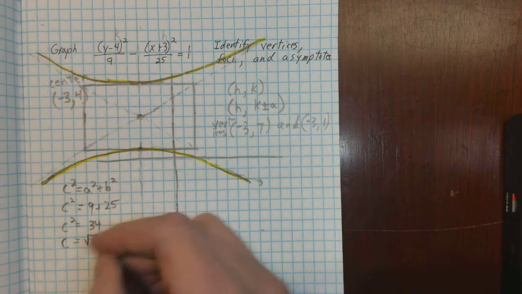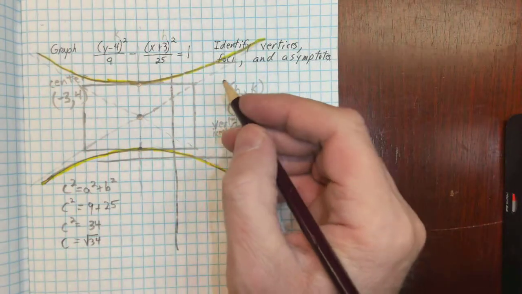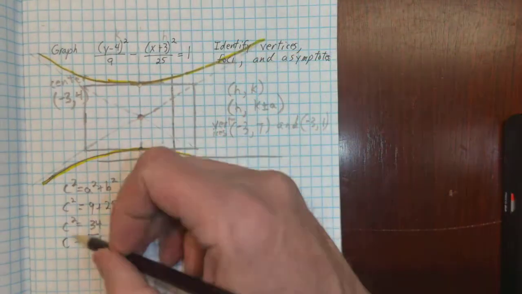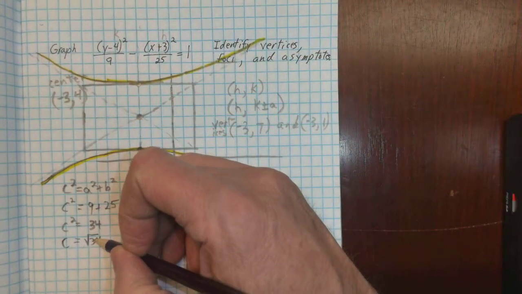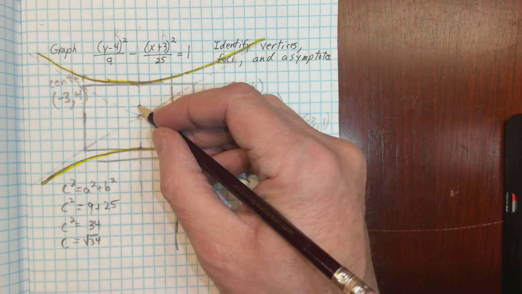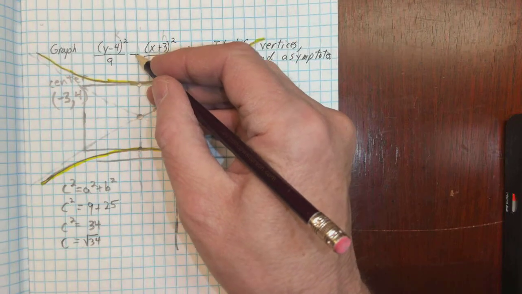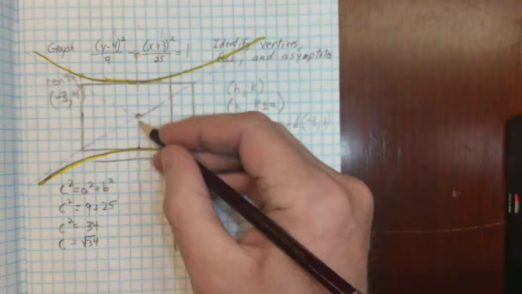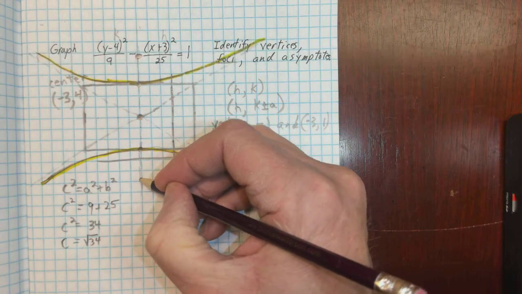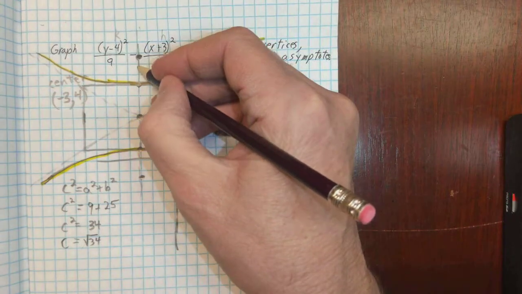And if I just go with the positive, it's the square root of 34. That's really close to 6, but a little short of it. 1, 2, 3, 4, 5, 6. So I'm going to put it right around here. One focus. 1, 2, 3, 4, 5, 6. A little short of that. There's the other focus on this transverse axis.